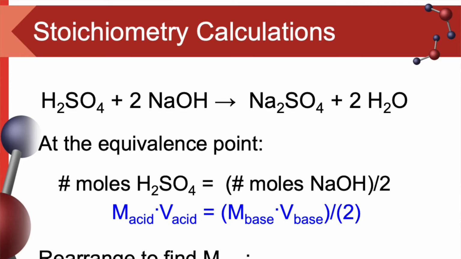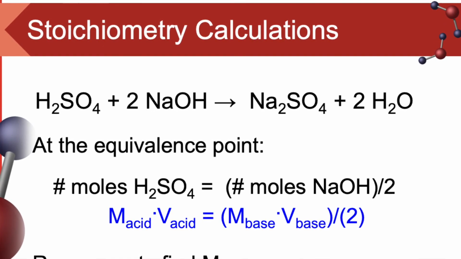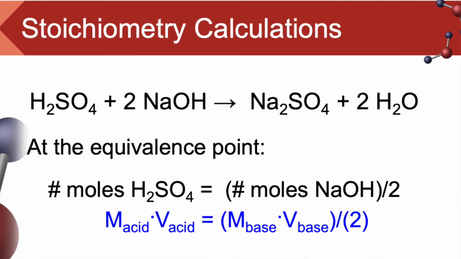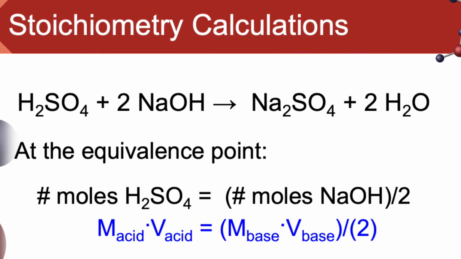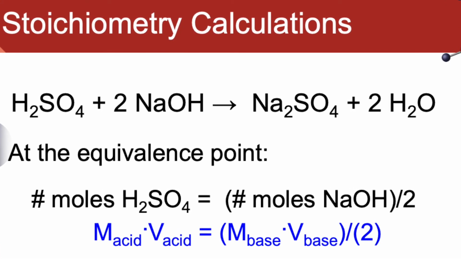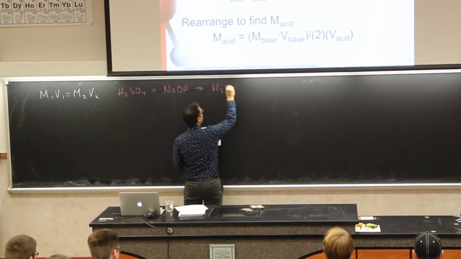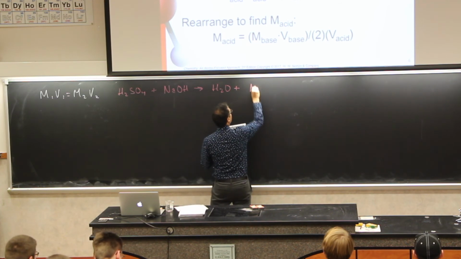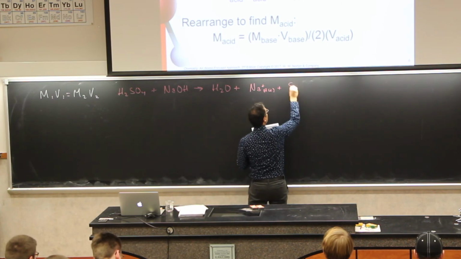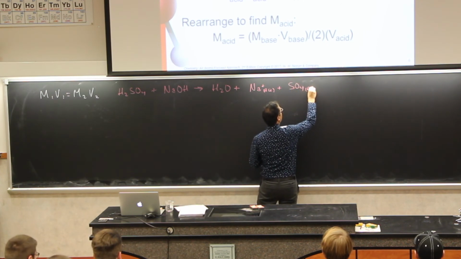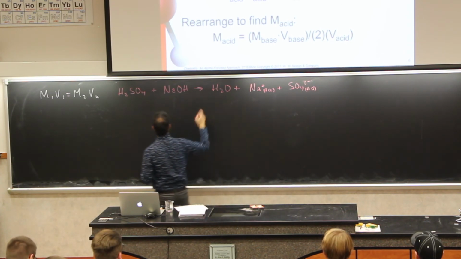So now in this particular one, we have H2SO4, so sulfuric acid plus sodium hydroxide. And this is going to give us H2O plus Na+ and SO4 2-. Okay, we're forming water here.